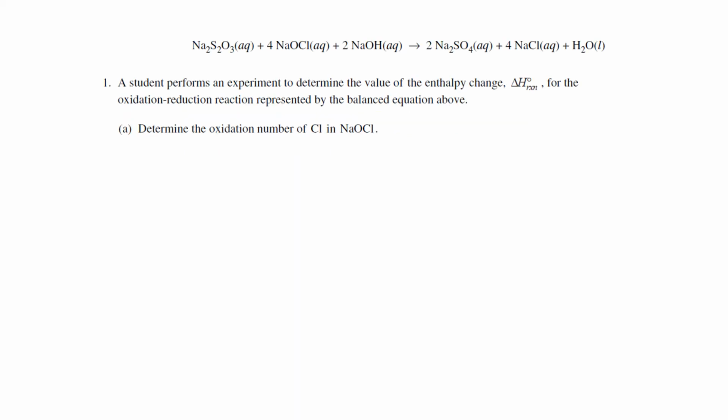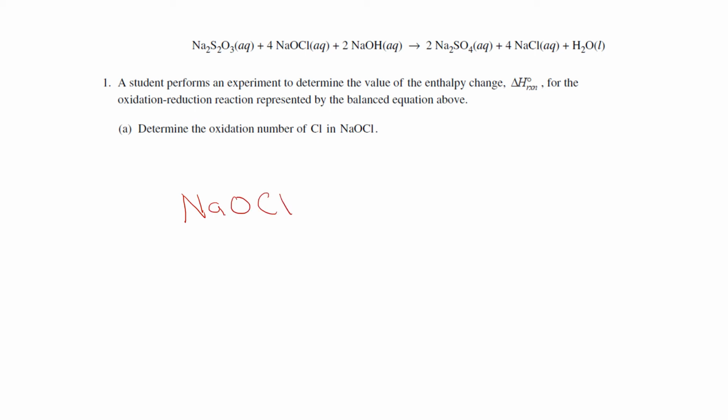In part A of the problem, they are giving us a compound and they're asking us to determine the oxidation number of the chlorine atom in that compound. So I'm going to go ahead and write the compound down here.